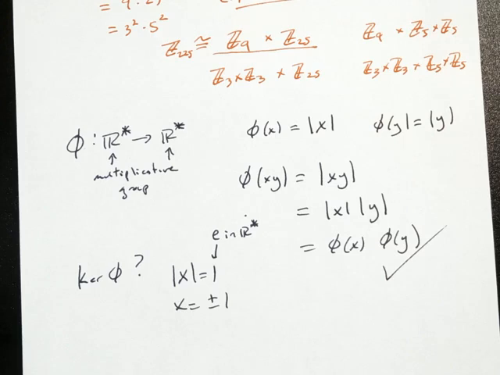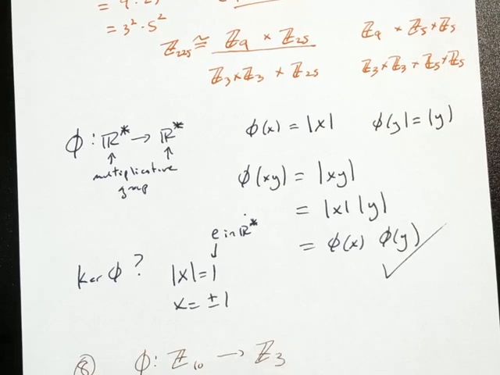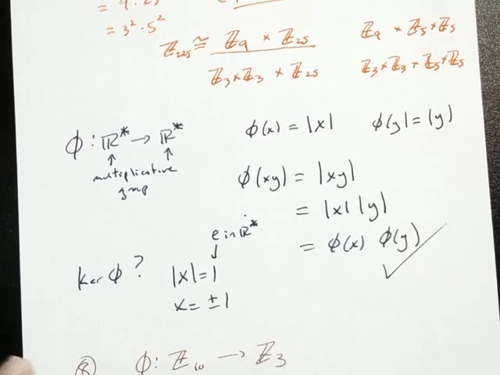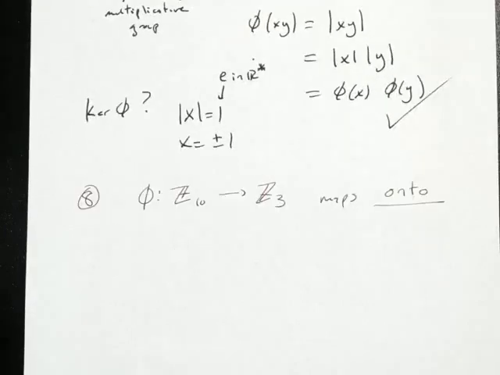8. Prove or disprove there is a homomorphism phi from Z10 to Z3, which maps onto. Okay.